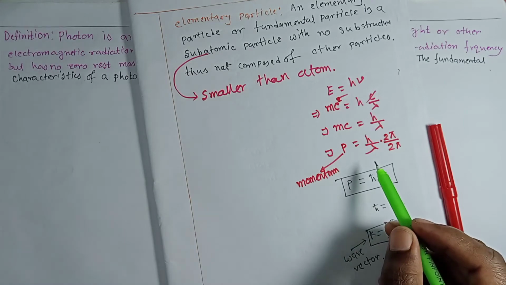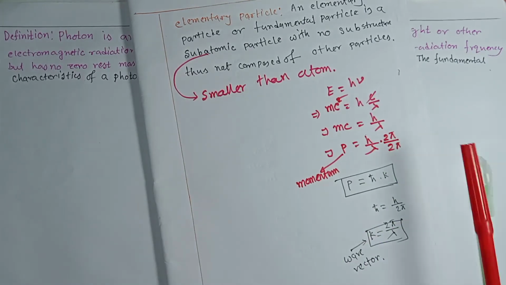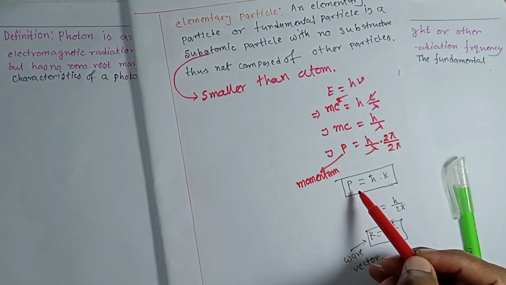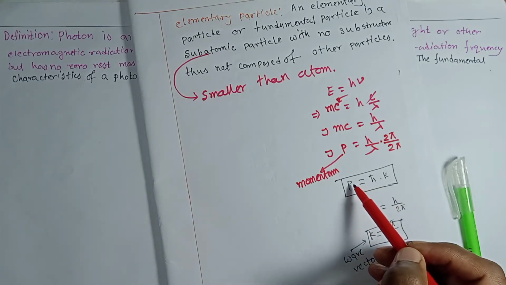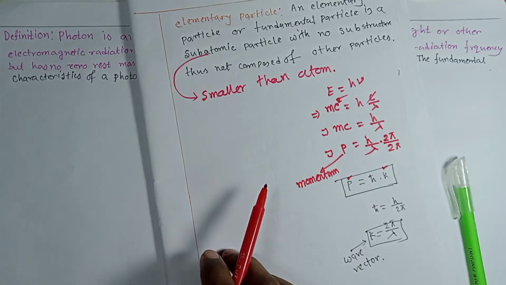So we can say the momentum vector p of a photon has a direction coinciding with that of the wave vector. The direction of p and the direction of k coincide with each other.